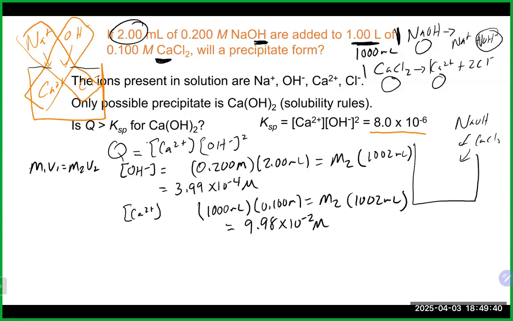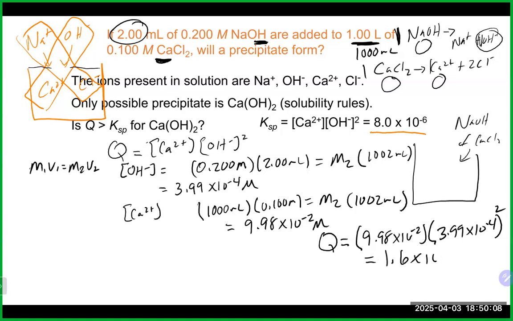Now that we have our proper concentrations, into Q we go. Q is going to be our calcium, which was 9.98 times 10 to the minus 2, times our hydroxide of 3.99 times 10 to the minus 4. Remember, we still have to square that. And that will get us a Q of 1.6 times 10 to the minus 8.